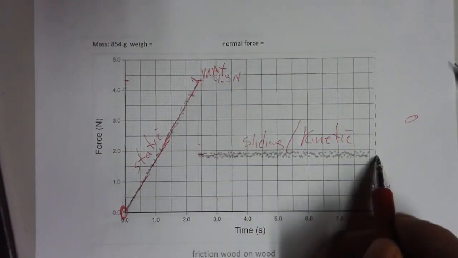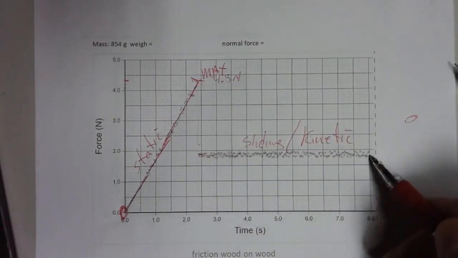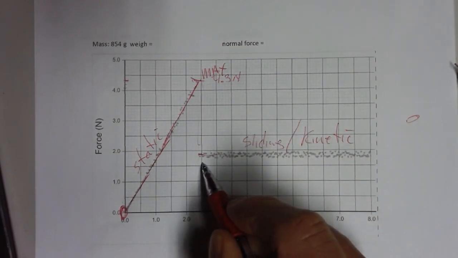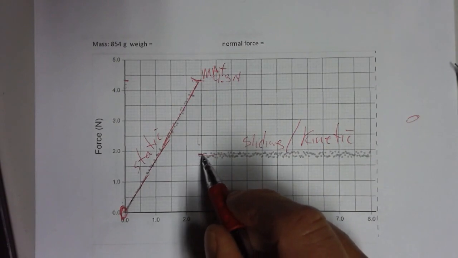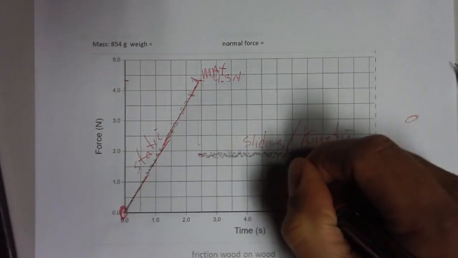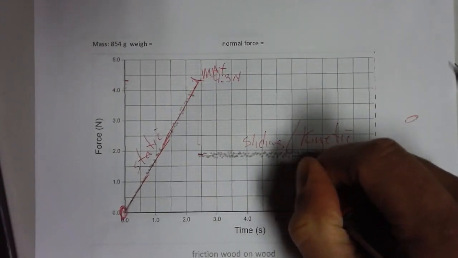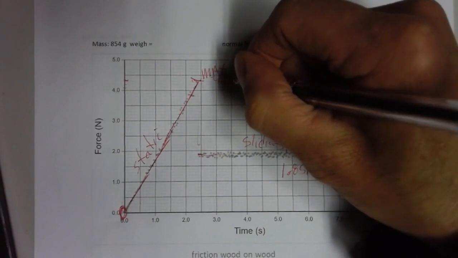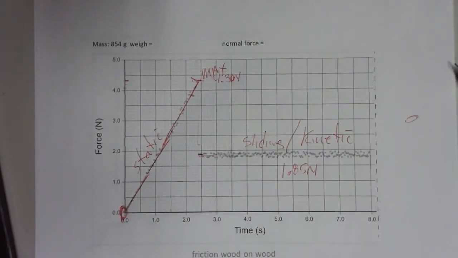Kinetic is generally one value. And that's about, in this case, 1.85 newtons, I'm thinking, for that. Let's add another 0 there, significant digits wise.